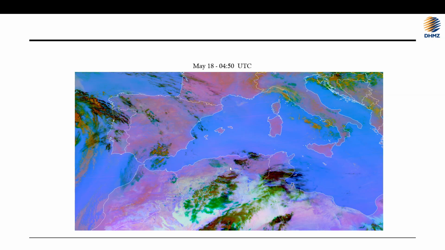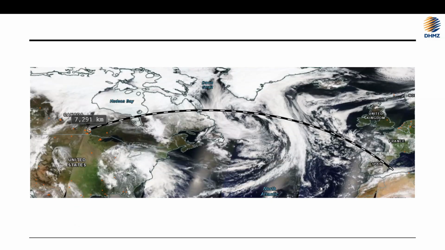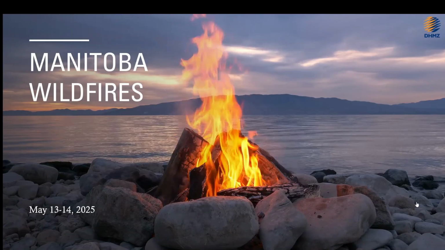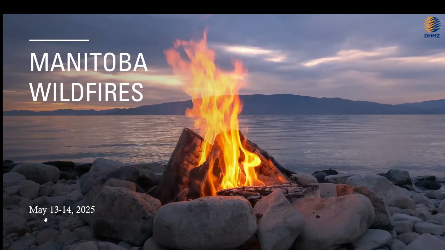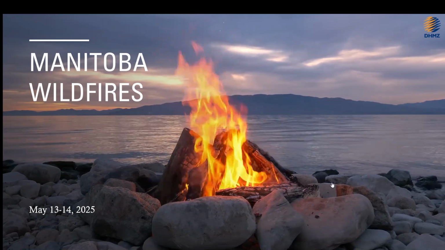So you might think that there is maybe no temperature contrast between the surface and the plume. And in reality, it really is smoke, so not dust. But where does it come from? And to find that out, we have to go to the west, about 7,000 kilometers to the west, to the Canadian province of Manitoba, where there was a wildfire episode or wildfire season started around May 13th and 14th.